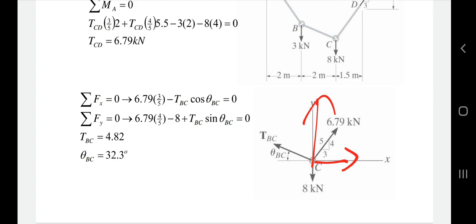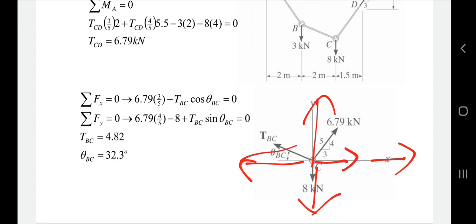If x component is towards the right side, it is positive, and if it is towards the left side, it is negative. Y positive upward and negative downward. And when you take the moments, you can adopt any notation, but you have to remember that if counterclockwise is positive, clockwise would be negative, and if counterclockwise is negative, clockwise will be positive.